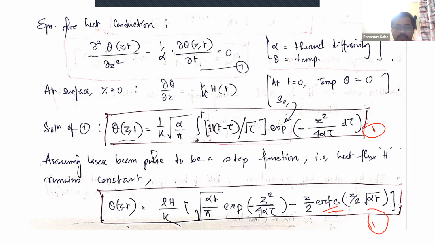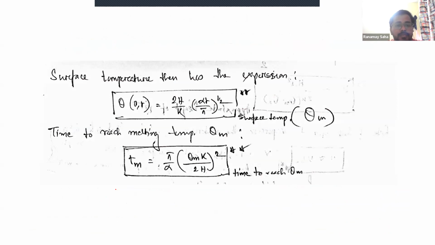So if you have got that, you can see the surface temperature theta m at the surface, which means that your z becomes 0, isn't it? Then your surface temperature becomes 2H by k into (alpha t by pi) to the power half.